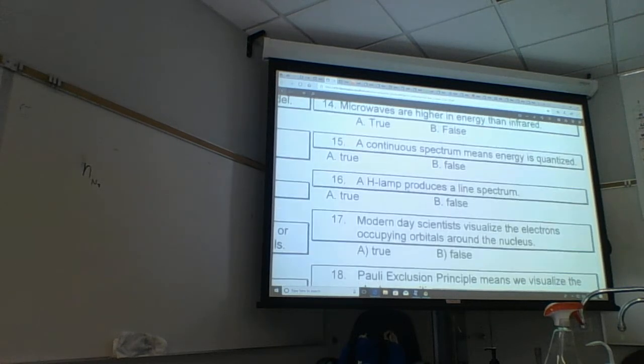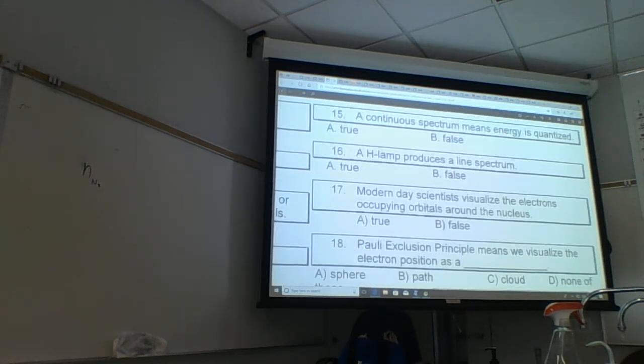And 17 is true, right? Modern day scientists visualize electrons occupying orbitals around the nucleus. That's true. Orbitals. What are orbits? It's the path. Are orbits and orbitals the same thing? No. Okay, good.